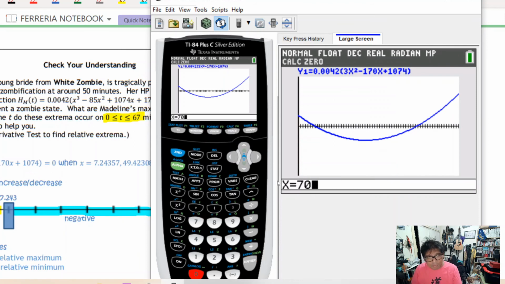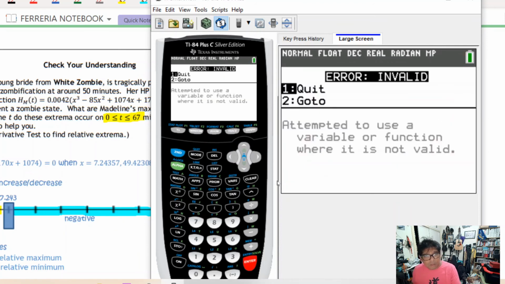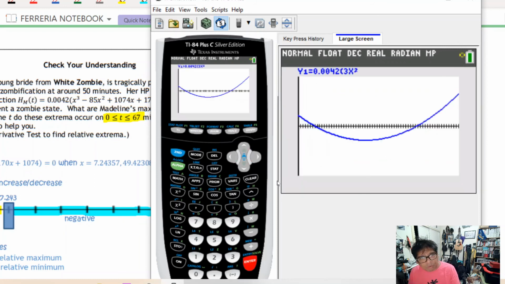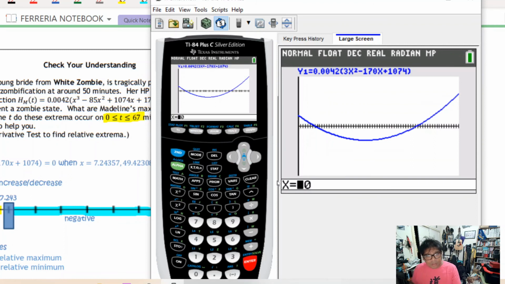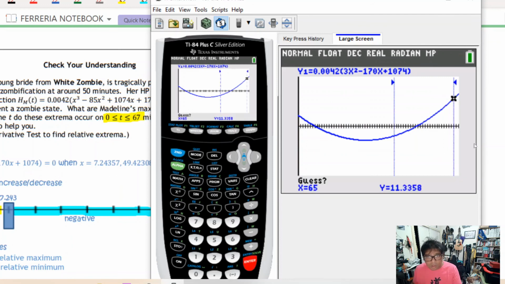We'll type 70. Oh, invalid. Don't push quit, push go to. Go to will allow you to fix your error, usually. So 70 is too far off the scale. So why don't we make this 65. Okay, there we go.